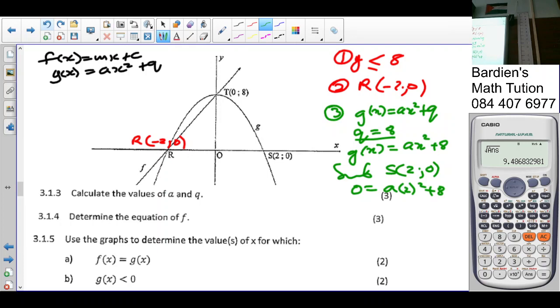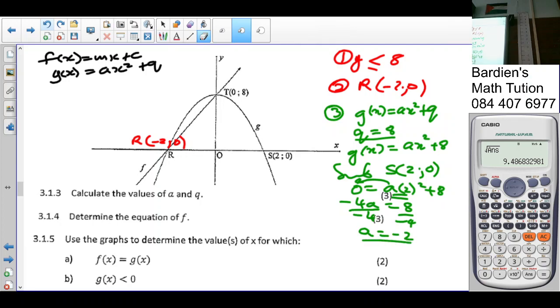Okay, so what is 2 squared? 4. You bring it over, it becomes negative 4a is equal to 8. Divide by negative 4 on both sides, so a is equal to negative 2. In other words, this equation is g of x equals negative 2x squared plus 8. Does it make sense? Yes, since a is negative, the graph is rounded, frowning. Not so? So that's that.